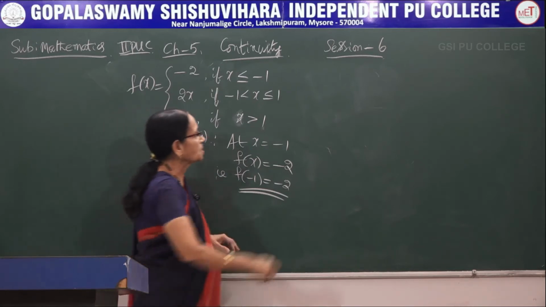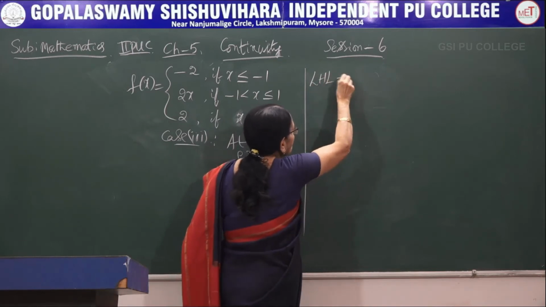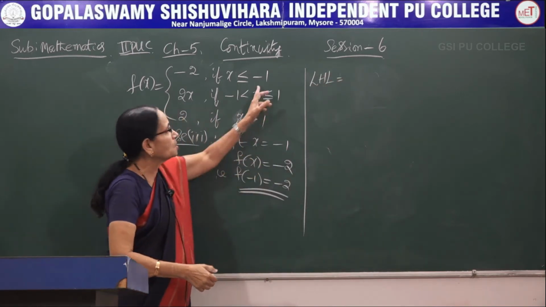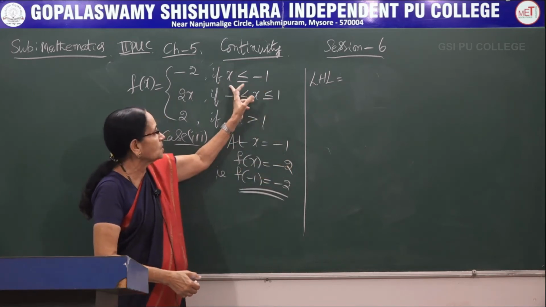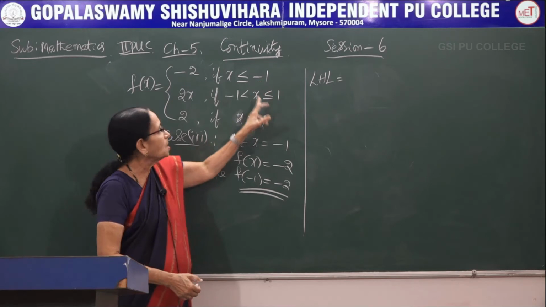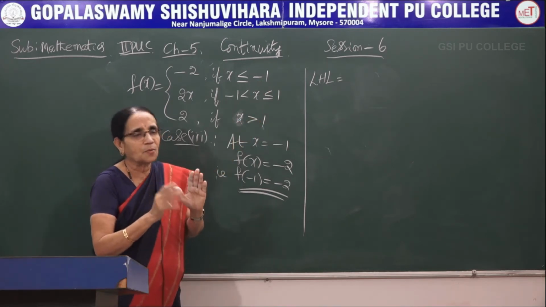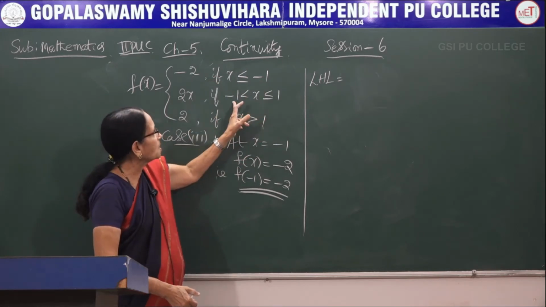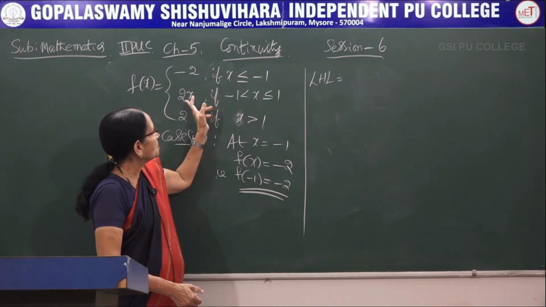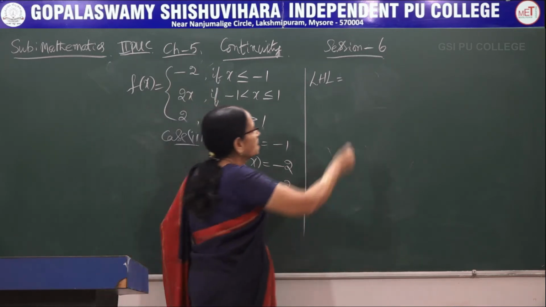Now, let me consider the left hand limit as well as the right hand limit. This number minus 1 can be approached through values less than minus 1 and through values greater than minus 1, because the function is defined in two different ways. For x less than minus 1, it is minus 2. For x greater than minus 1, it is 2x here. Therefore, we have to calculate them separately.